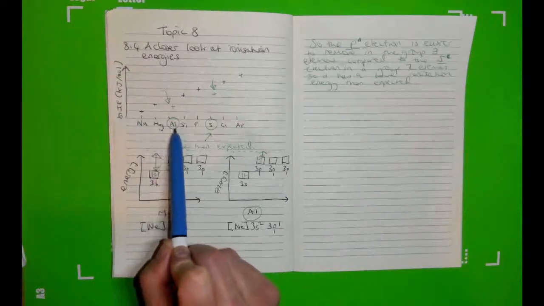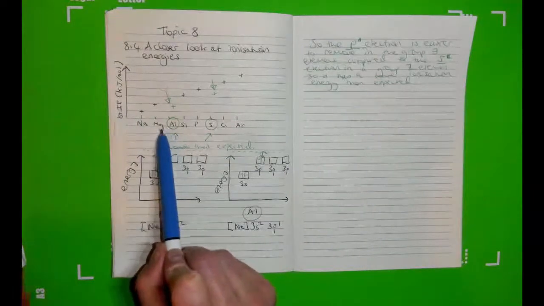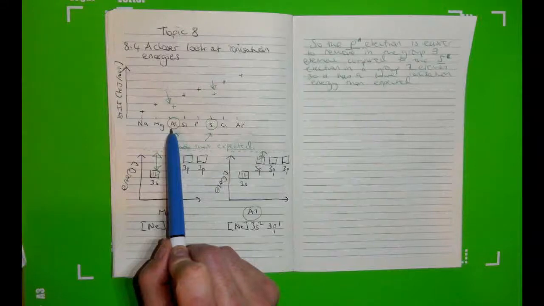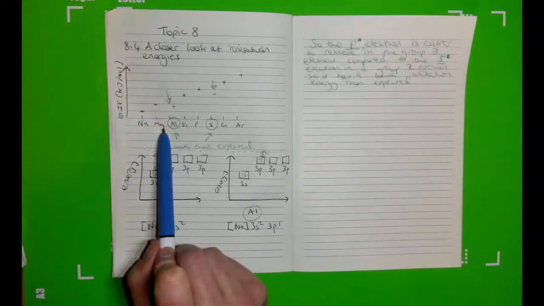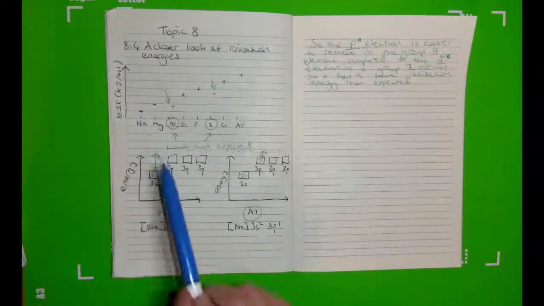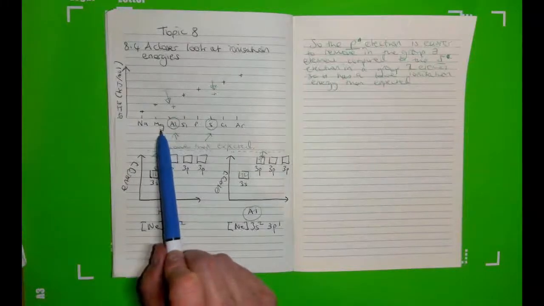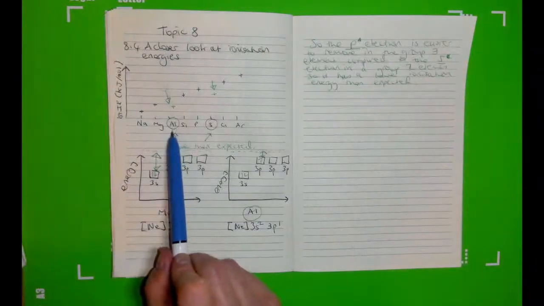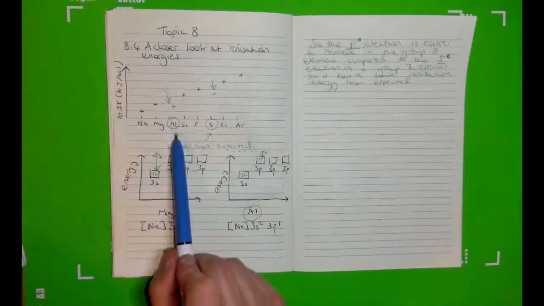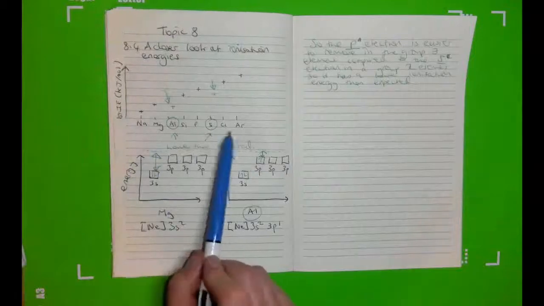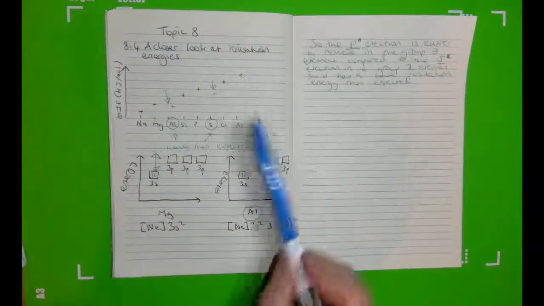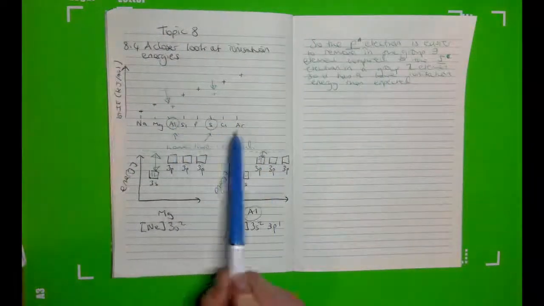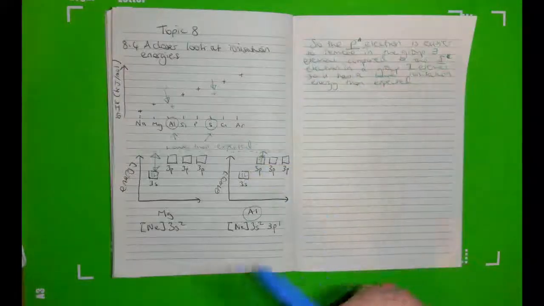You would find a similar drop between beryllium and boron, because in beryllium you're removing the electron from the 2s orbital, and in boron you're removing the electron from the 2p orbital. So if you were asked in the exam to describe the trend across period 2, it would follow the same pattern, with a blip at these points, but for the same reason.